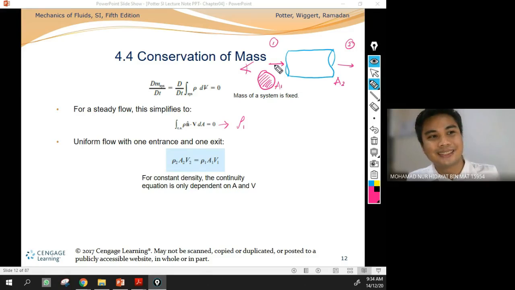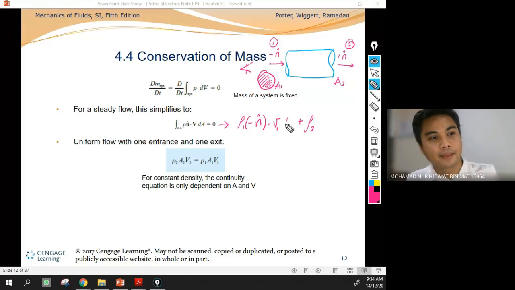So this is into the system. So the flux here is negative. This is out of the system. The flux is positive. So negative n dot V dA. You need to add point number 2, which is rho 2. This is only 1, yeah. Or we can say that this dA we replace with area.